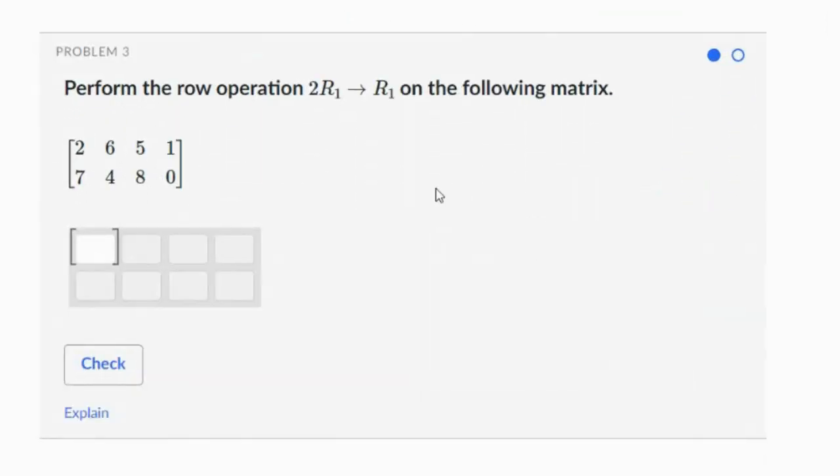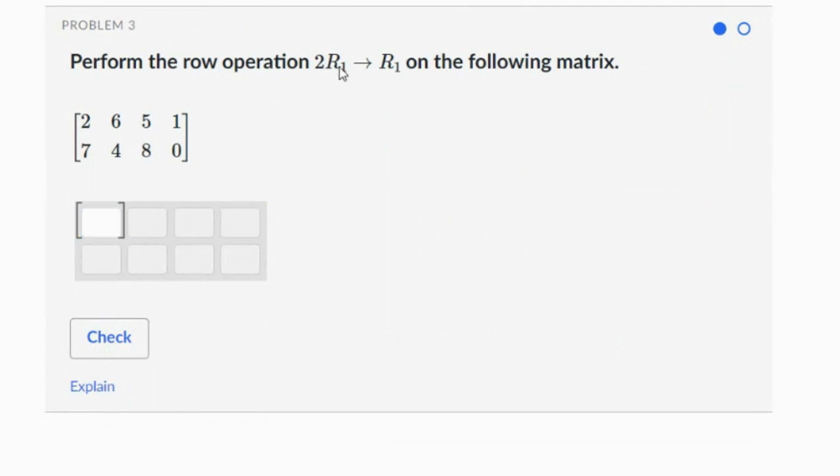Perform this row operation, 2R1, arrow R1. So 2 times row 1 becomes the new row 1. So what's row 1 going to be now? We've got our matrix of 2, 6, 5, 1, 7, 4, 8, 0.